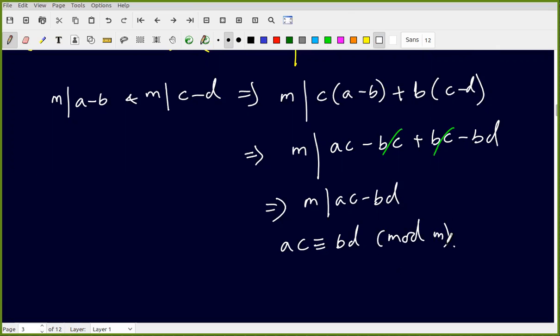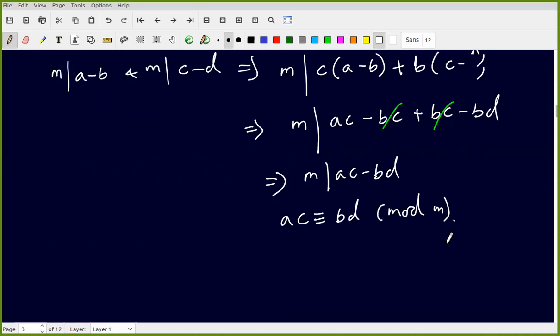So the property is that two congruences can be added, and you can also multiply the congruences.